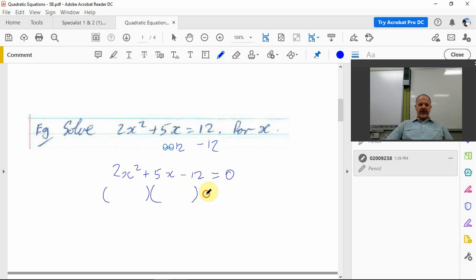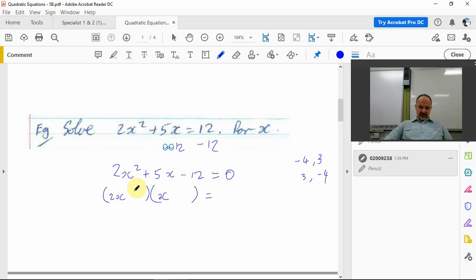All right, so I'm going to do this kind of by inspection, I guess. So to get 2x squared, the only way you can get that is 2x times 2x. The minus 12, so minus 4 and 3, or 3 and minus 4, there'd be our options.